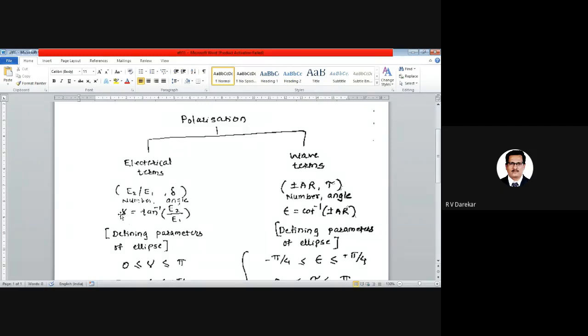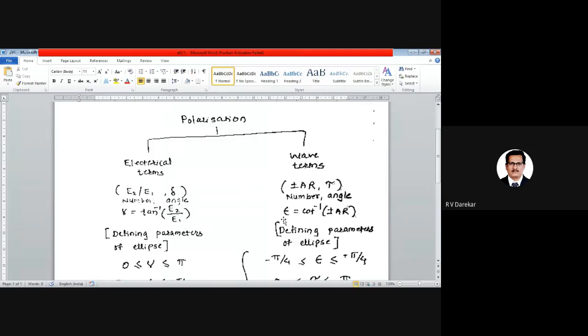I think now some of the students may get confused. We know that gamma is alpha plus j beta, where alpha is the attenuation constant and beta is the phase constant. In a very similar way, we know epsilon as the permittivity of the medium.